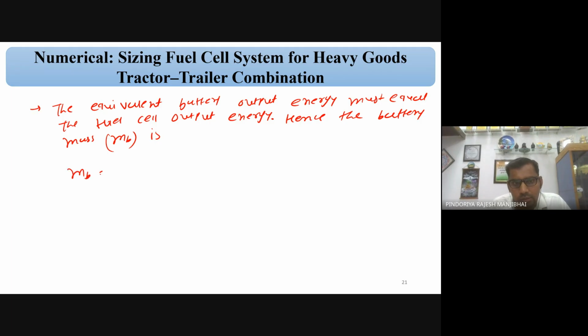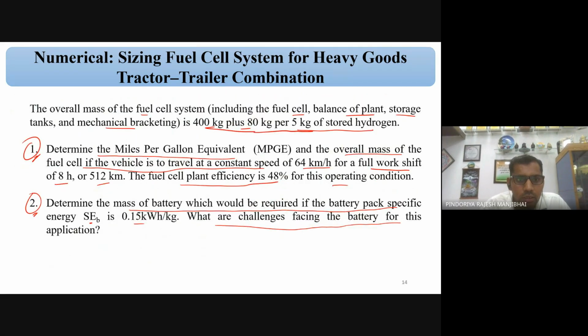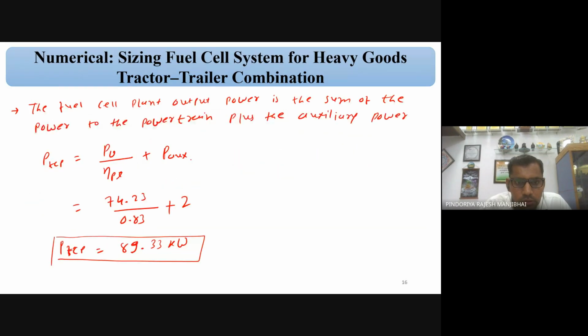So MB is nothing but EFC divided by SEB. So EFC we calculated, that is 701.6, and SEB is given, that is 0.15 kWh per kilogram.